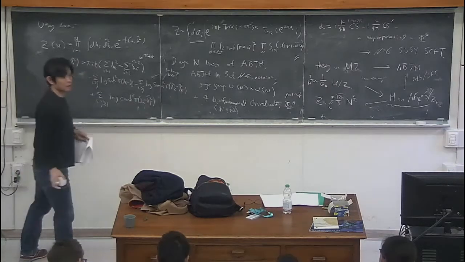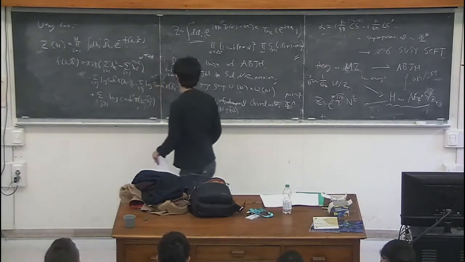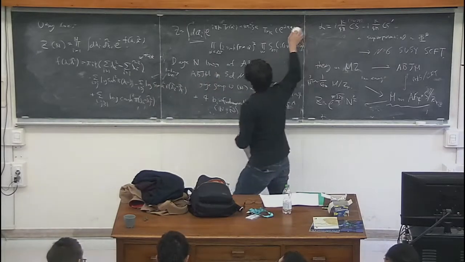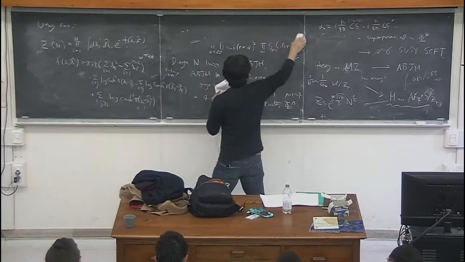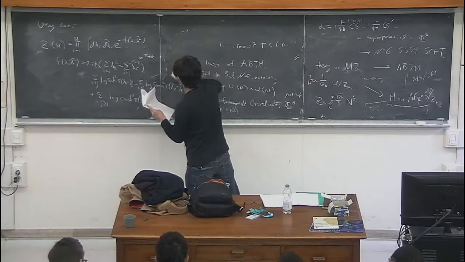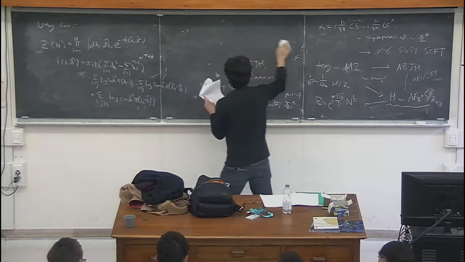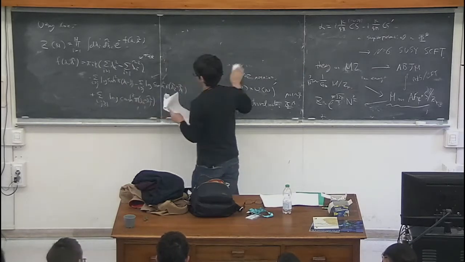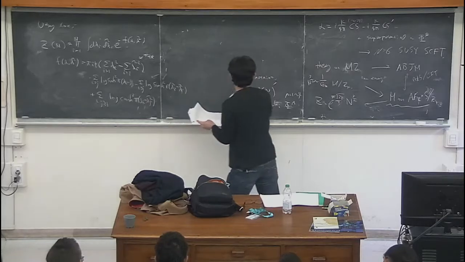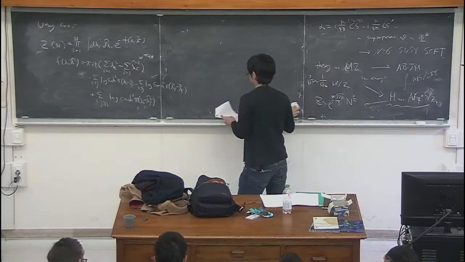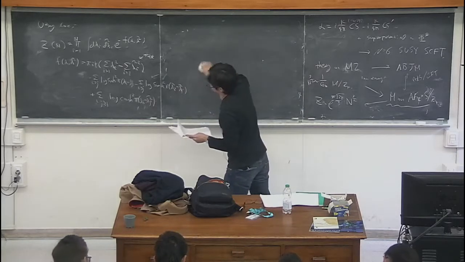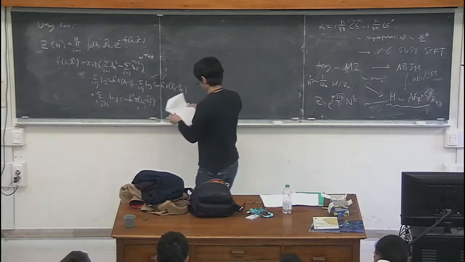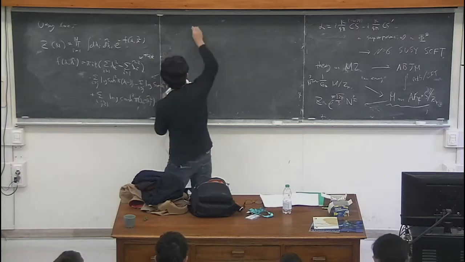This is for the first U(N), and this is for the second U(N). Then we can compute this integral and have an exact result for the partition function of the ABJM theory. We can do that explicitly for N equal to 2, 3, 4, or lower N. But here, we want to consider the large N limit.